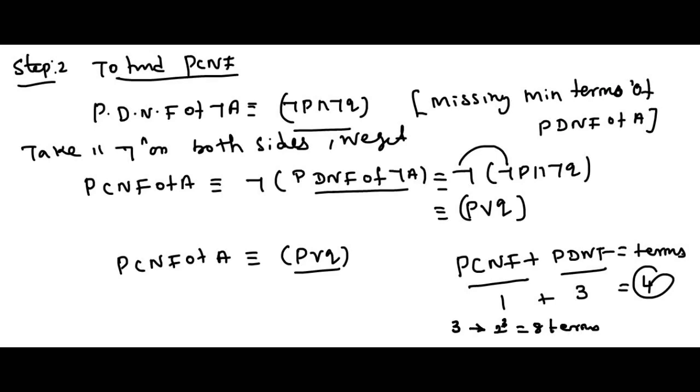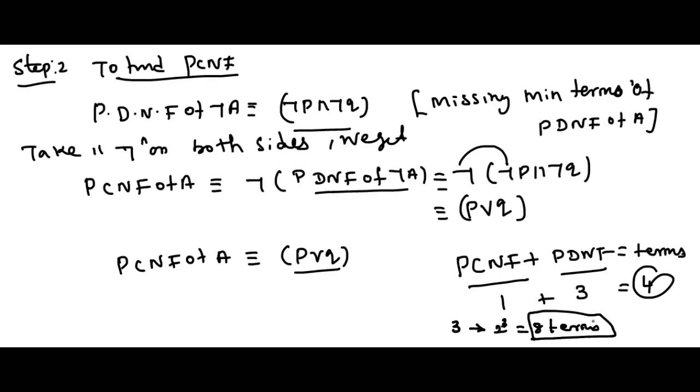If we add min terms and max terms, we get only 8 terms of the given variables P, Q and R. Coming to our problem, the given statement has only 2 variables.